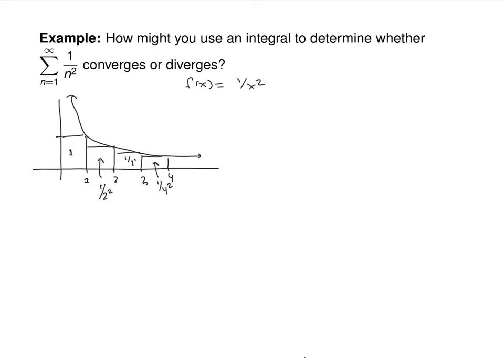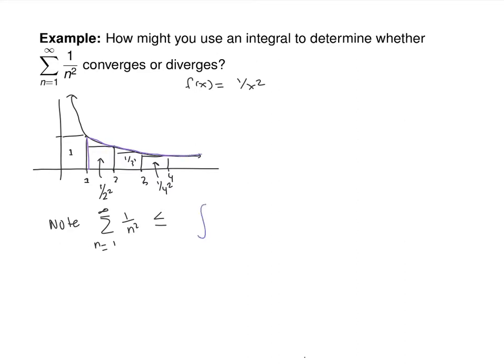And so what you should notice is that the sum from n equals 1 to infinity of 1 over n squared is less than or equal to the area under this curve.